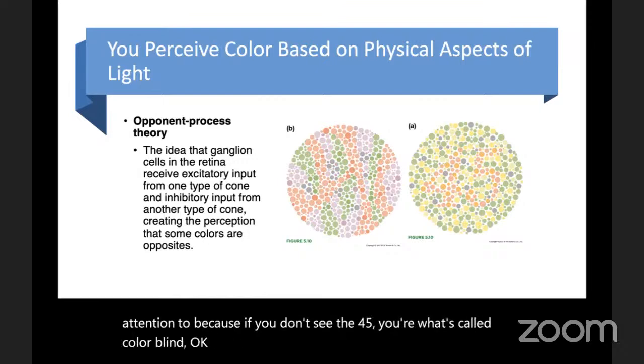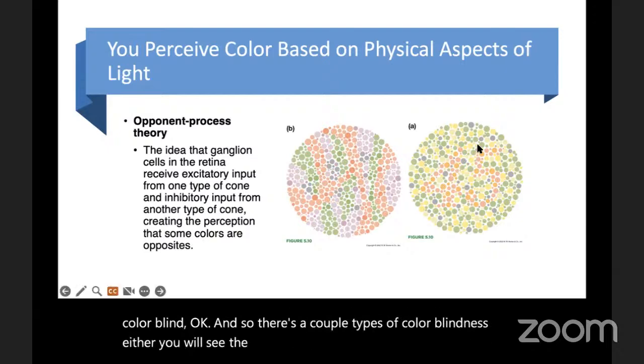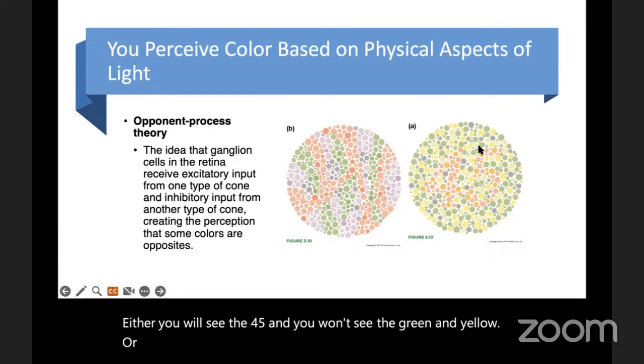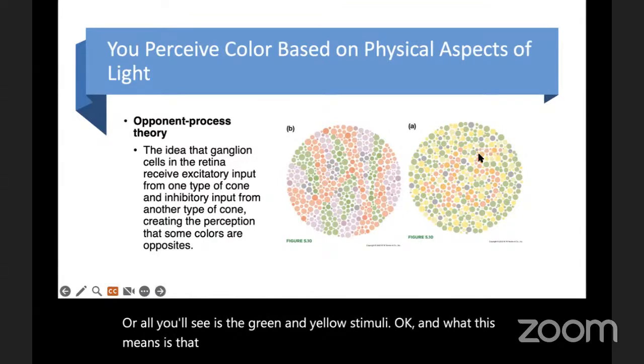Okay, and so there are a couple types of color blindness. Either you will see the 45 and you won't see the green and yellow, or all you'll see is the green and yellow stimuli. Okay, and what this means is that, again, the brain and the eye have to make sense of this difference in stimuli, okay?